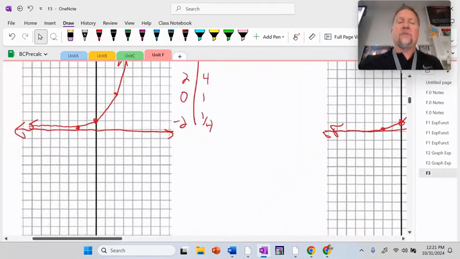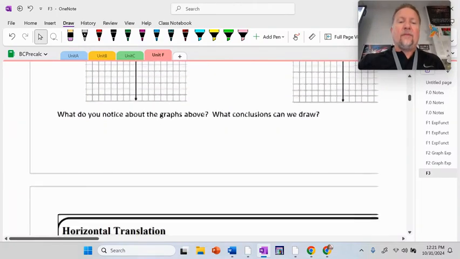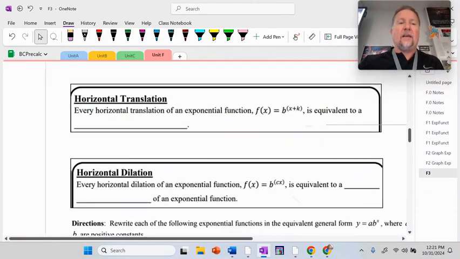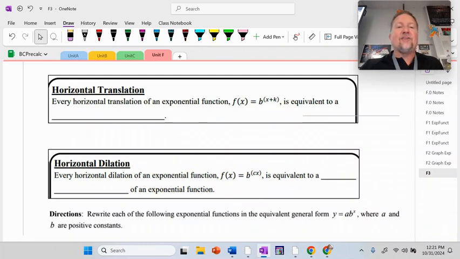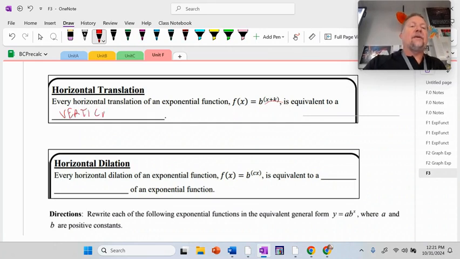Okay. So what do you know? We got the conclusions. Every horizontal translation of an exponential function apparently turns into a vertical dilation. Now, it depends if it's plus or minus, so I don't know if it's stretch or shrink.